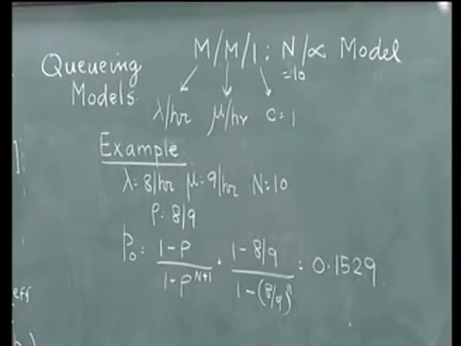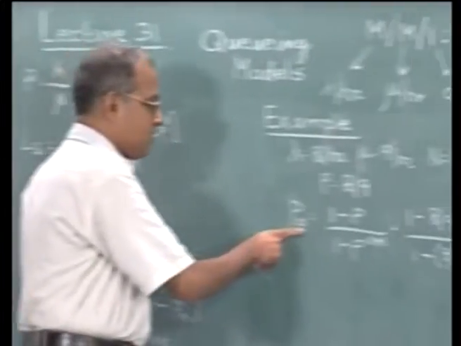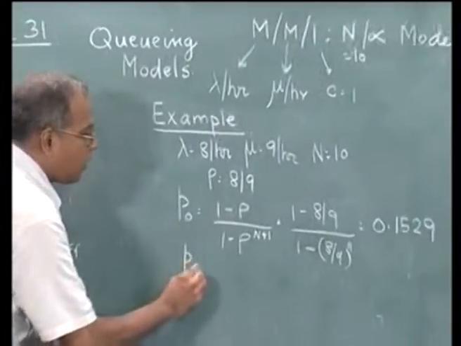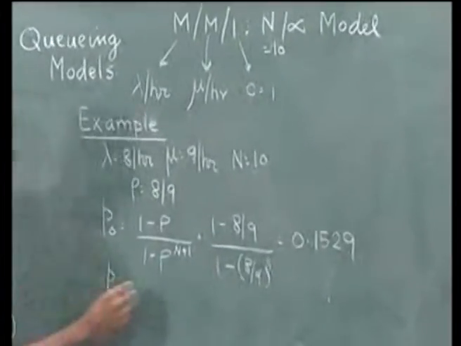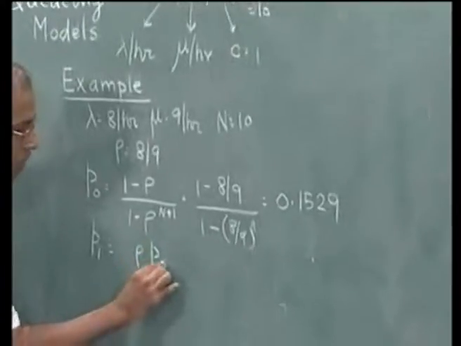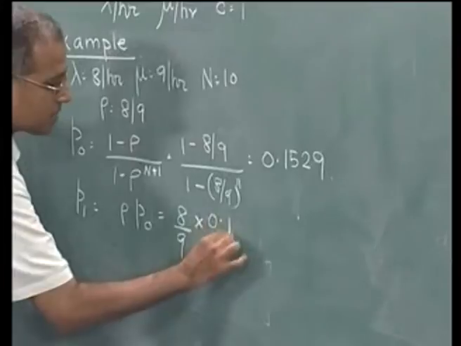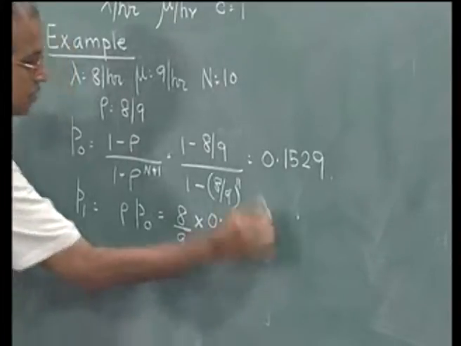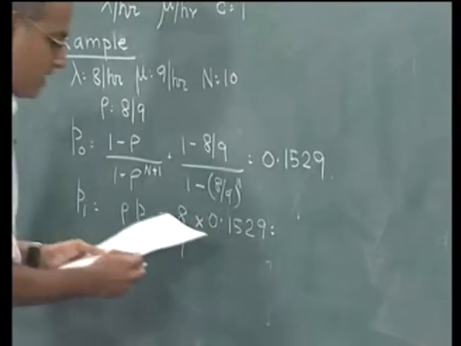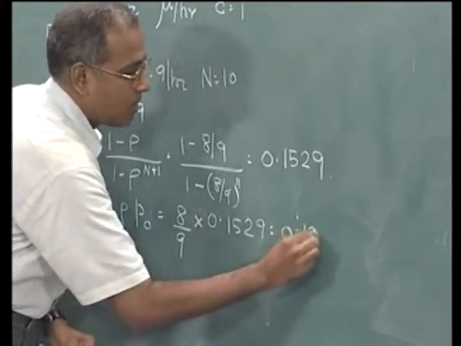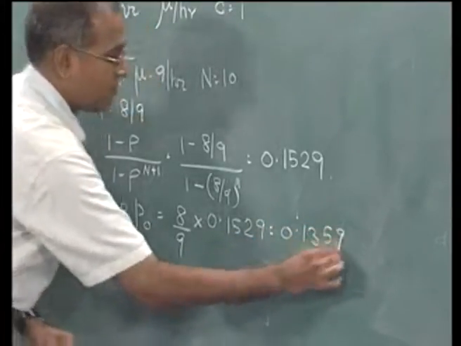Now, when we have P naught equal to 0.1529, let us find the probability that there is no queue. It means there is no queue when we have either 0 people in the system or 1 person in the system. So, P1 is equal to rho P naught, which is 8 by 9 into 0.1529, and this is 0.1359.